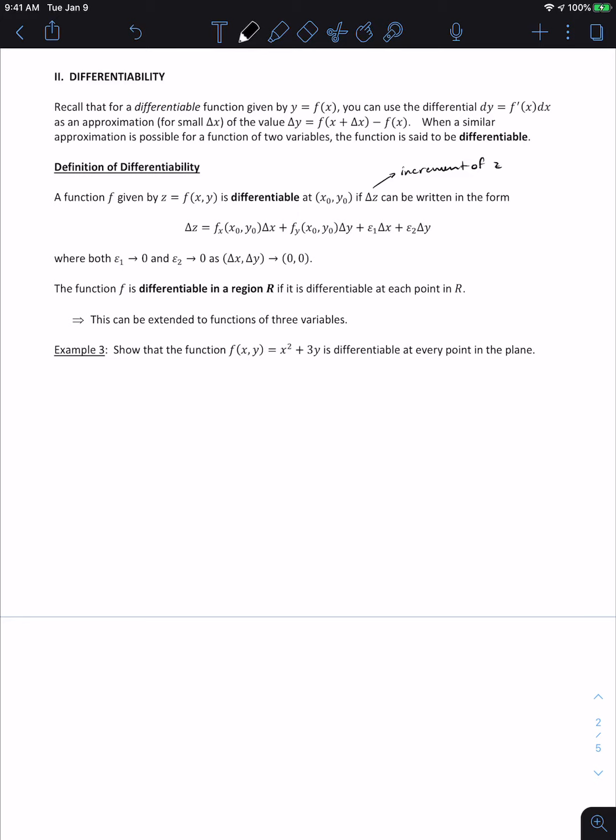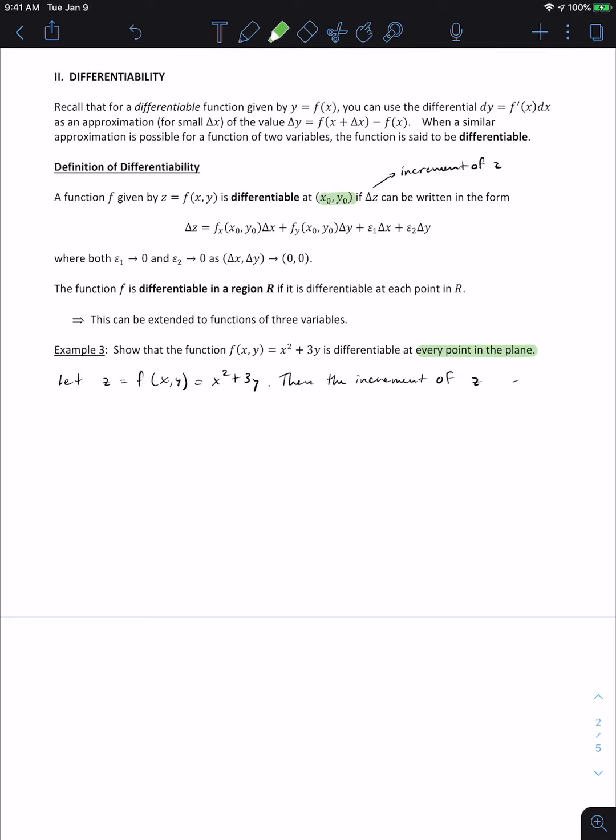Okay, so we want to show that the function f of x, y is differentiable at every point in the plane. So what we're going to do is let z equal my f of x, y value, which in this case is x squared plus 3y. Then the increment of z at any point, because the whole goal of this problem is that we want it at every single point.